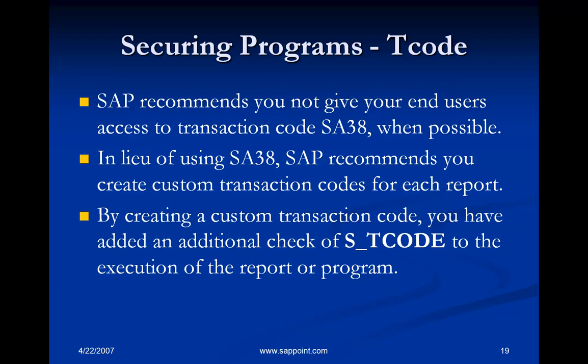Because if you create a custom transaction code, the user can execute that program or report only if he or she has access to that transaction. In the case of authorization groups, you have to give access to SA38, and in that case, the users can still execute the programs which are not assigned to any authorization groups because of the loophole. By creating a custom transaction code, you have an additional check of S_TCODE on the execution of reports or programs.